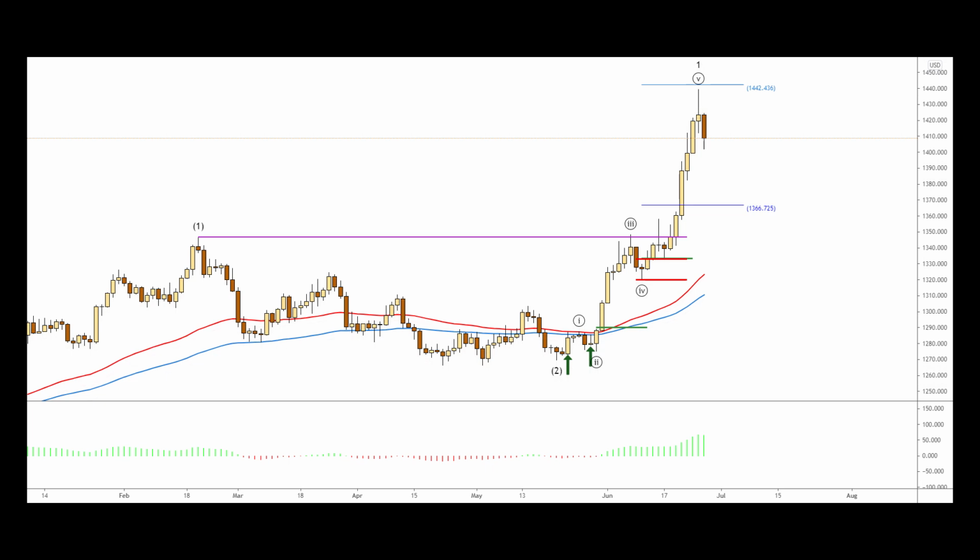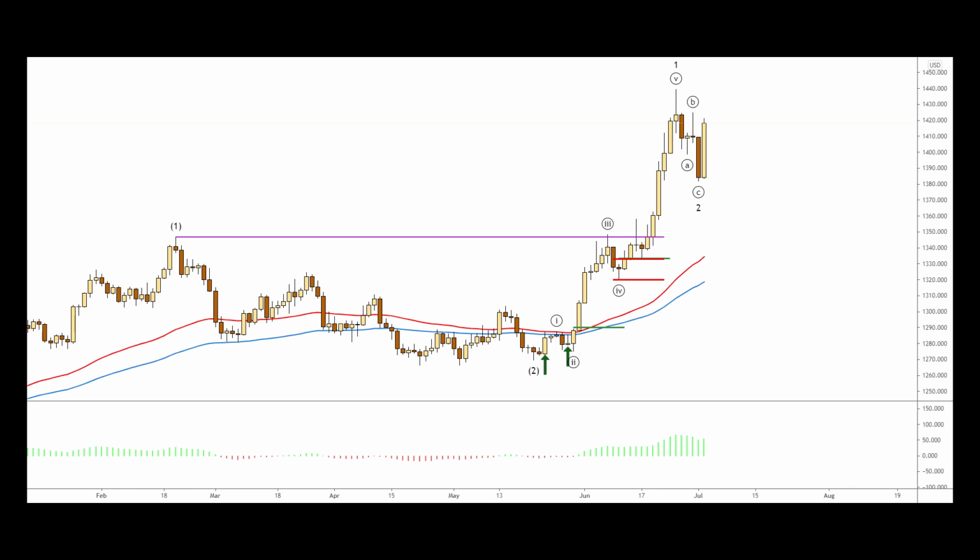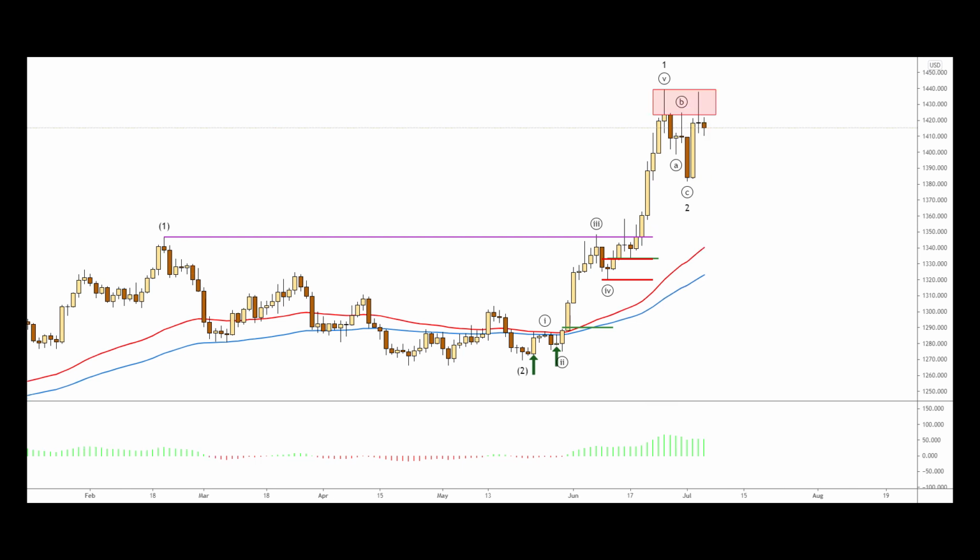Price makes an ABC correction with a massive bullish engulfing afterwards, then a double top with a doji and drops down with a higher low. A new cluster with MOSS, two half-lot positions opened at 1401 with stops at 1385 on this big bullish candle breaking the high of the previous candle.